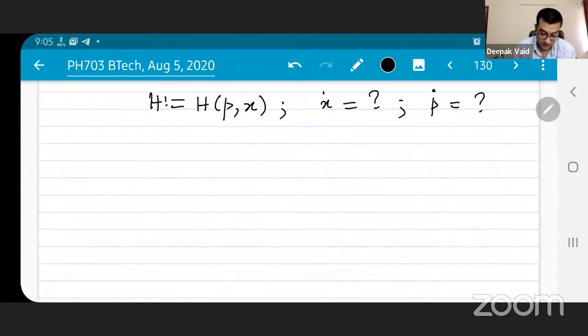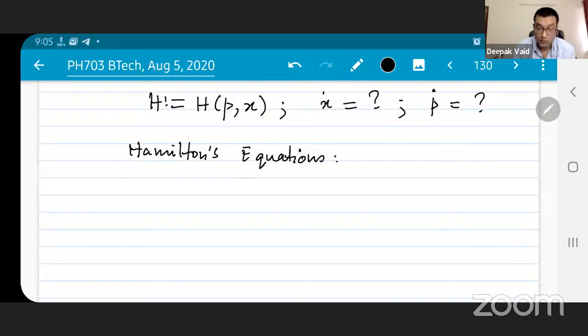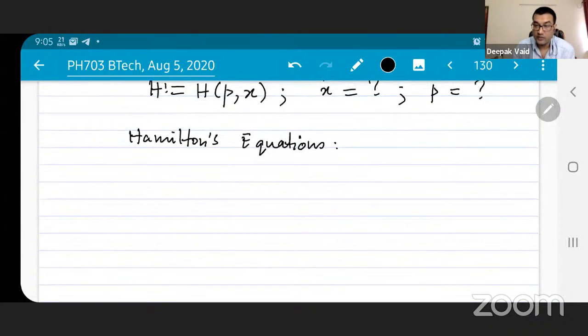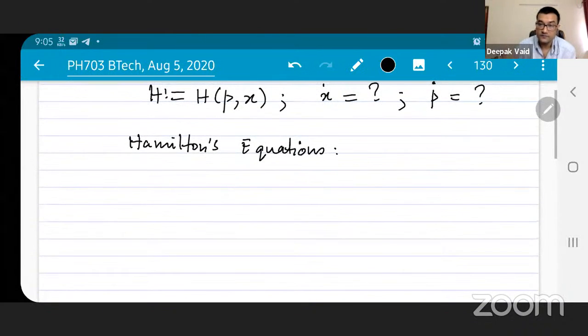It turns out that we have something called Hamilton's equations, and these Hamilton's equations are equivalent to basically writing down Newton's second law. But to get to the formulation, you have to go through a different route involving Lagrangians and least action.